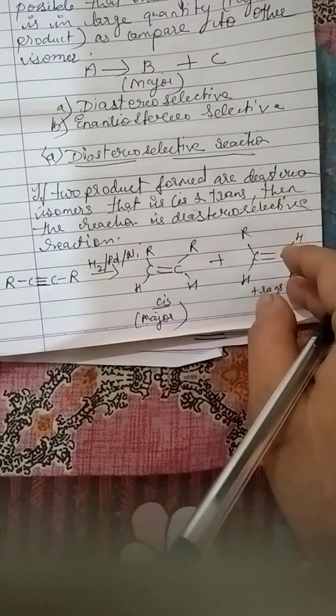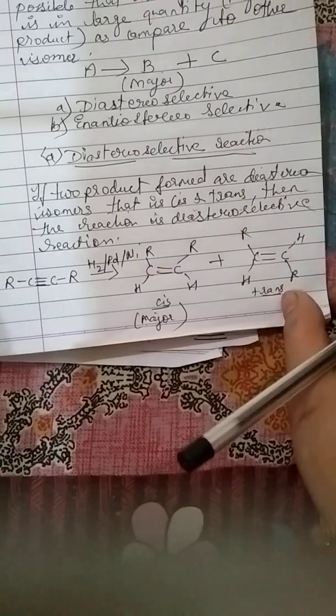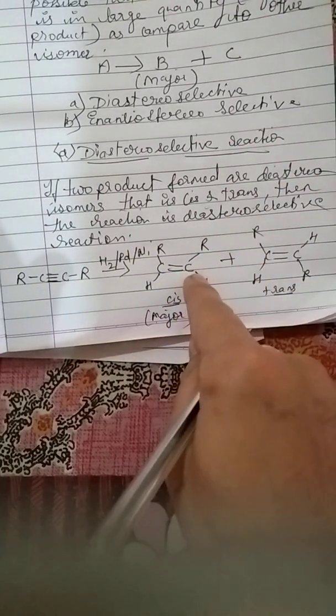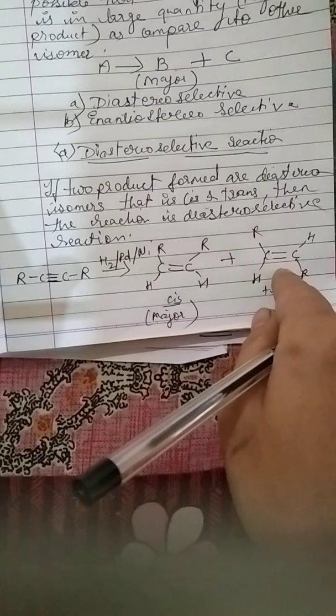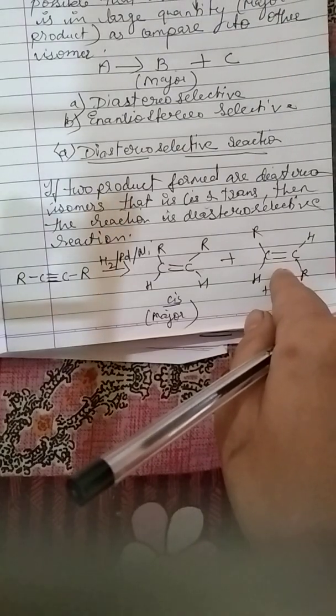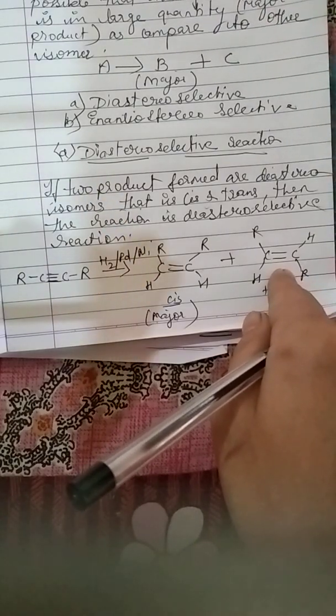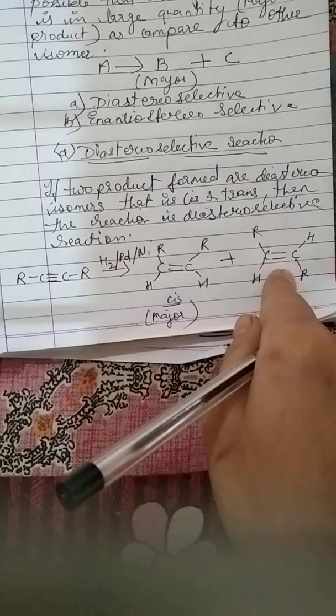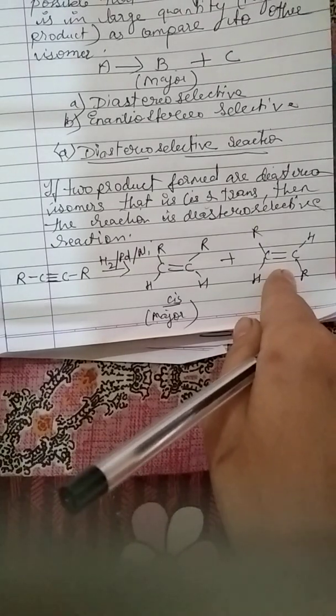Now I have told you what a diastereoselective reaction is. The only difference is the products formed will be cis or trans, because diastereomers are obviously cis and trans.